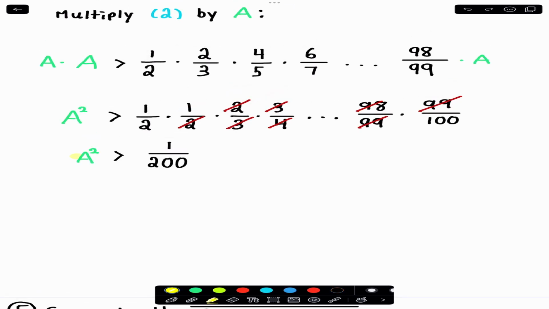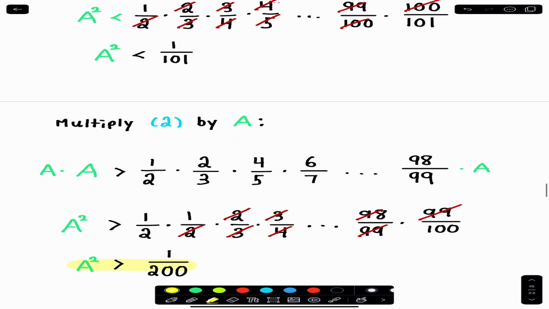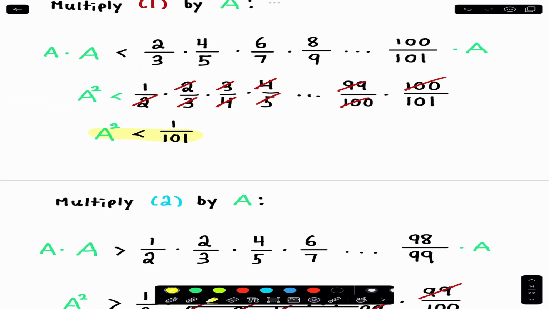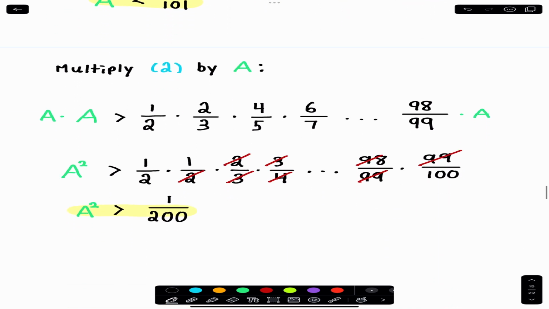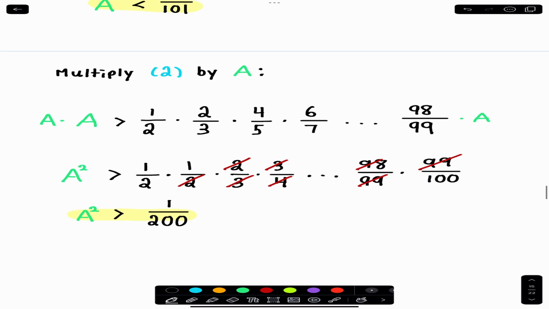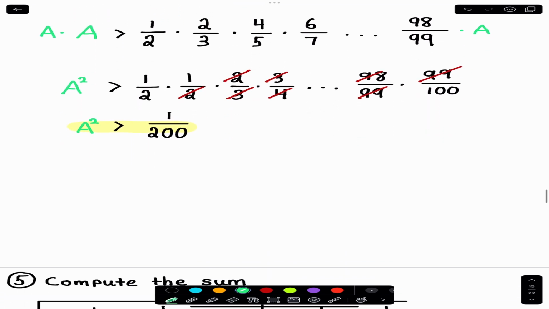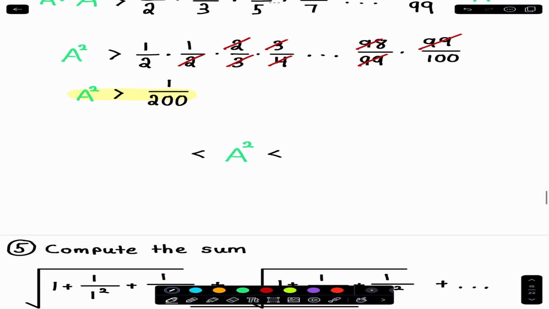Okay, so I think we should highlight these findings and combine them into one long inequality chain. So we know that sitting in the middle, we have a squared. We know that it is less than 1 over 101, and we know that it is bigger than 1 over 200.